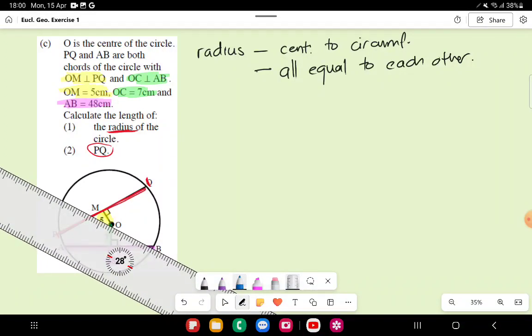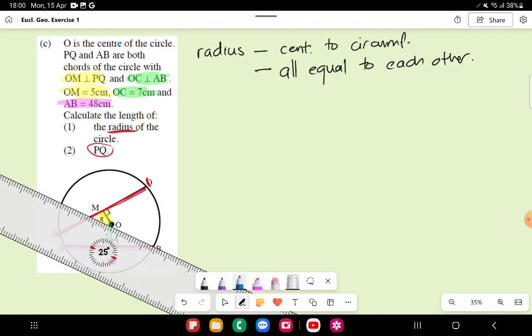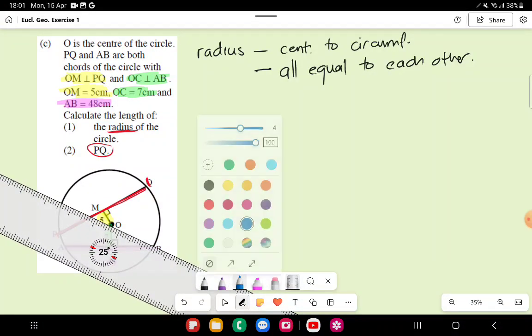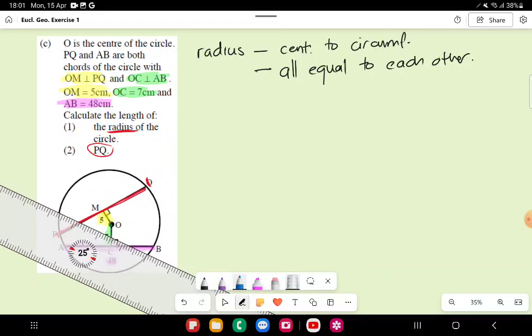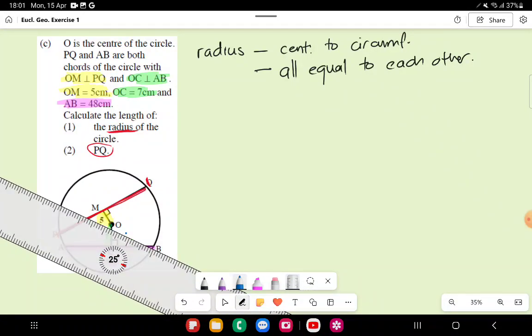Why can't I draw? I want to draw. Stay still. Don't move. Stop moving. Disconnect. Connect. I don't know why I can't draw. Okay, so this wants to measure but not draw.